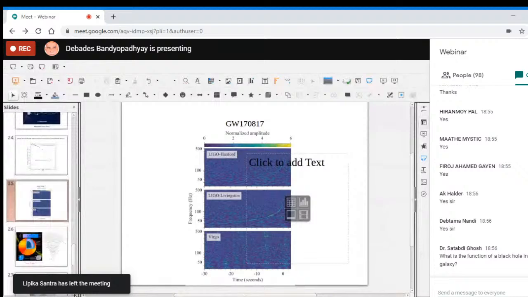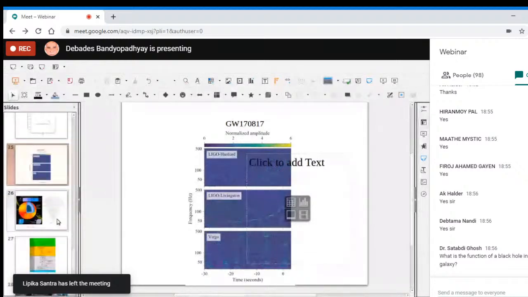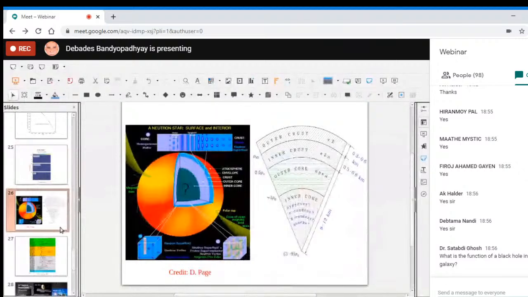And now, this is a schematic diagram of a neutron star, and on the right side, a cross-sectional view of it. So what you see here is the outer crust made of nuclei. The inner crust is also made of nuclei, electrons, and free neutrons.